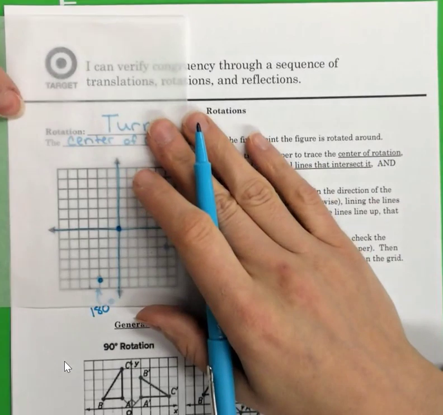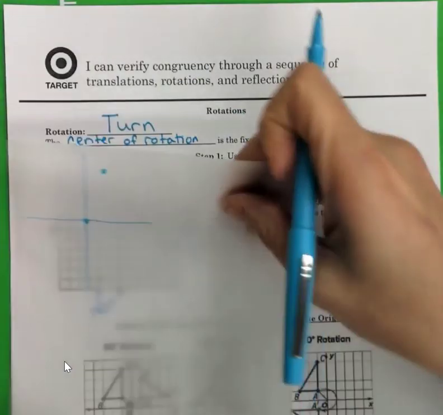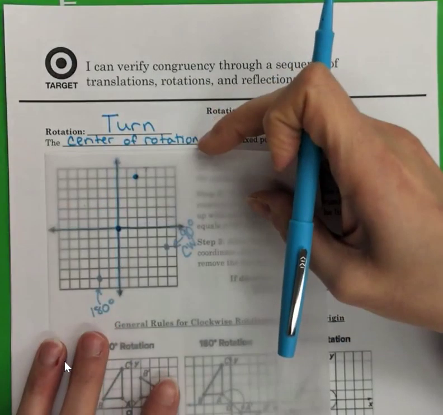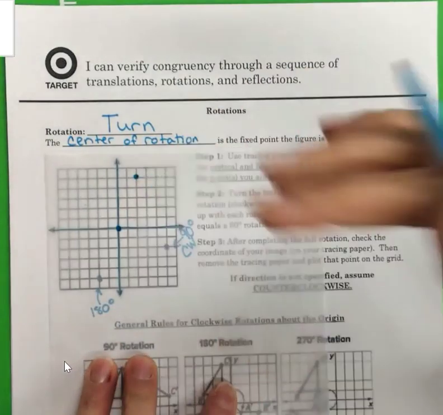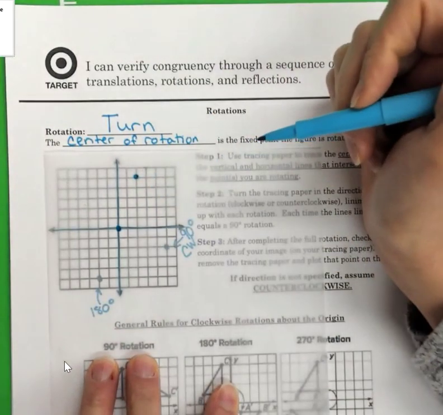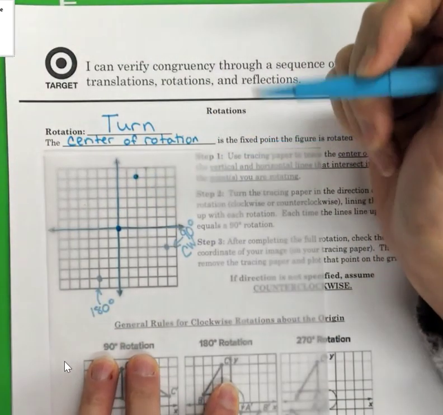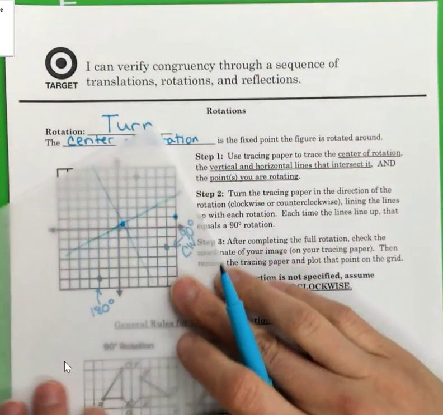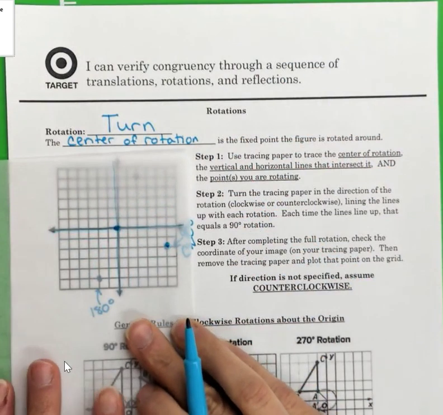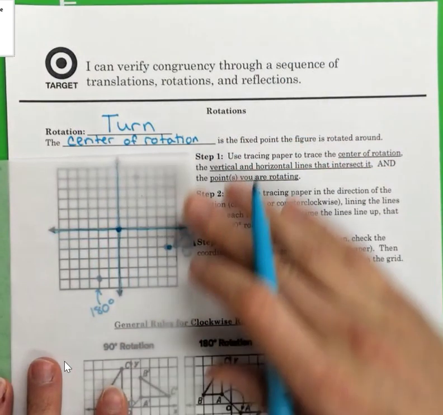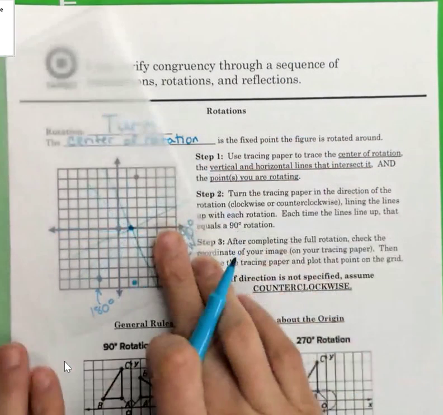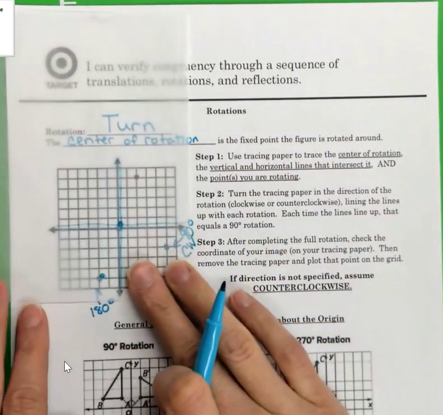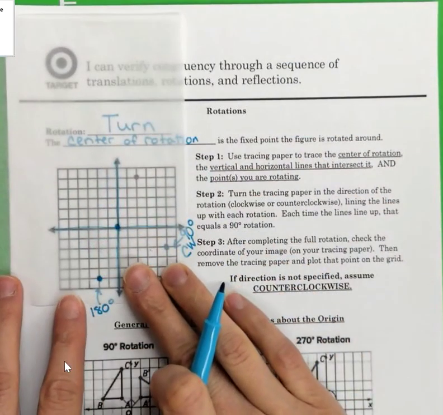Okay, if I go back to my original and I ask for a 270 degree rotation clockwise, I turn the paper one rotation, that's 90 degrees. Another rotation, that's 180 degrees.